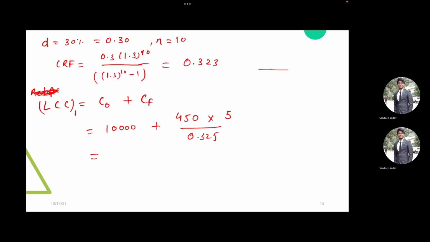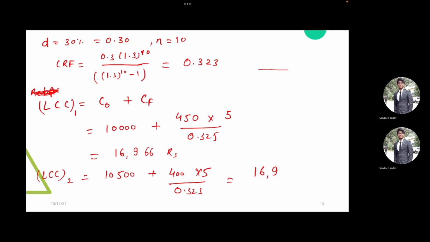Then the life cycle cost will be 16,966 rupees. Similarly, if you calculate the LCC for AC2, it will be 10,500 rupees plus 400 into 5 divided by CRF, that will be 16,692 rupees.